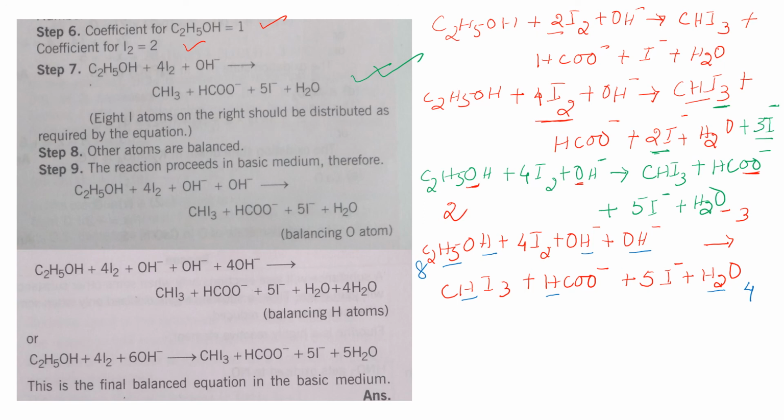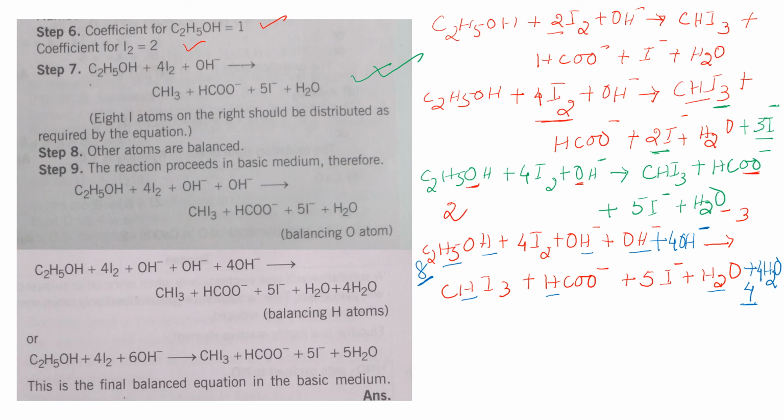That means on the left hand side I have 8 hydrogen atoms and on the right hand side I have 4 hydrogen atoms. So I have to add 4 H2O on the right hand side, because the right hand side is deficient in hydrogen atoms by 4. So I am adding 4H2O molecules. And as I am adding 4H2O on the right hand side, I have to add 4OH minus ions also on the left hand side.